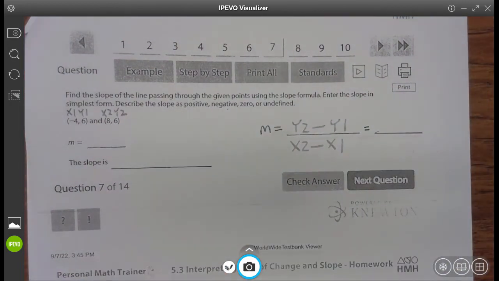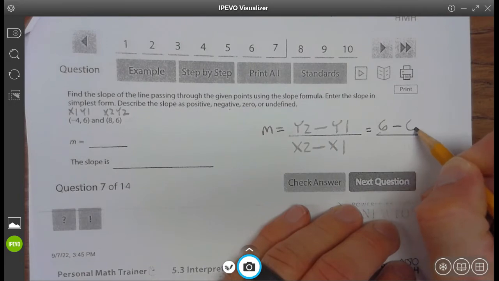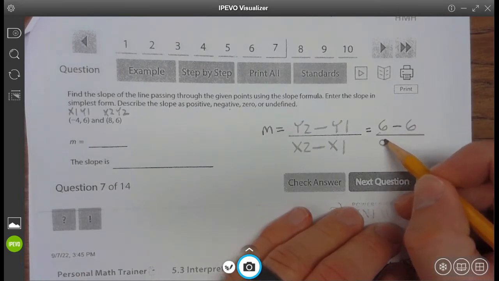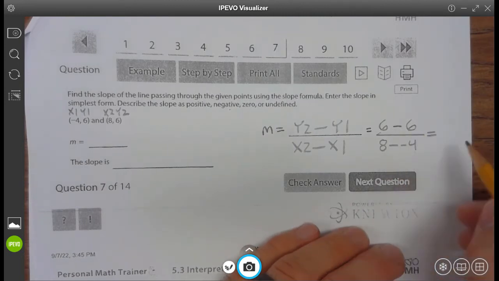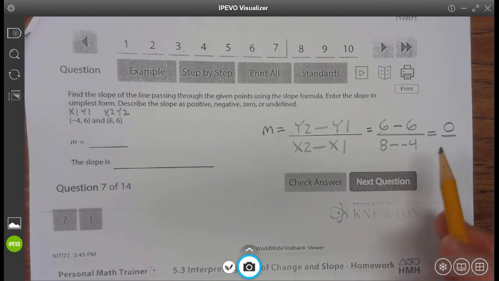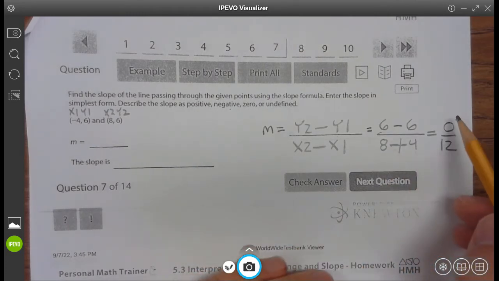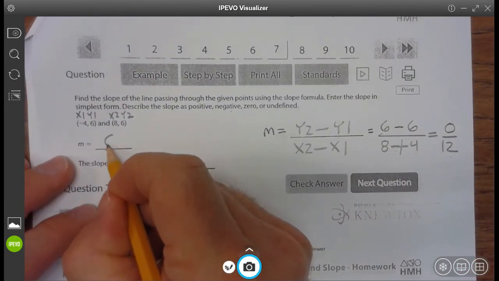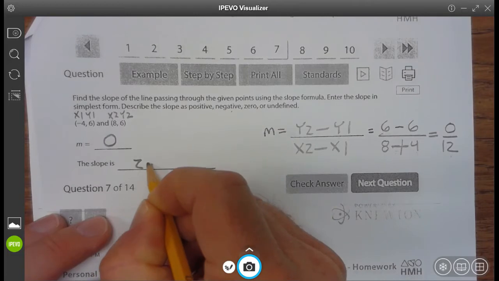Okay, so y2 is 6 minus 6 divided by 8 minus a negative 4. Well, 6 minus 6 is 0. When you subtract a negative, it becomes positive. 8 plus 4 is 12. Well, 0 divided by 12 is 0, so the slope is 0.